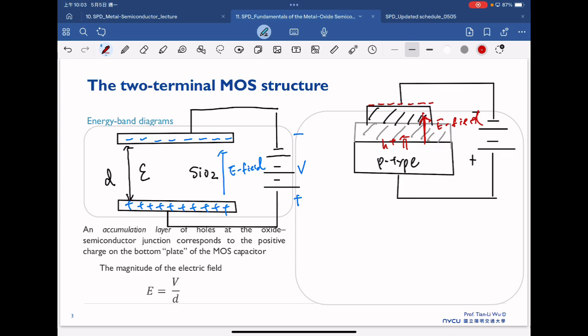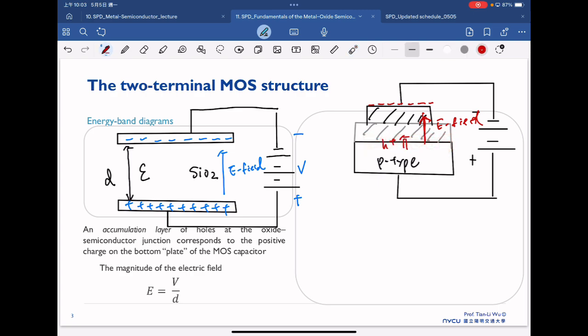So in the end, there's a negative bias here, and the holes will be pushed on top. But in this case, we consider our dielectric to be perfect, so the holes cannot tunnel through the top, and therefore the holes will start to accumulate below the dielectric.